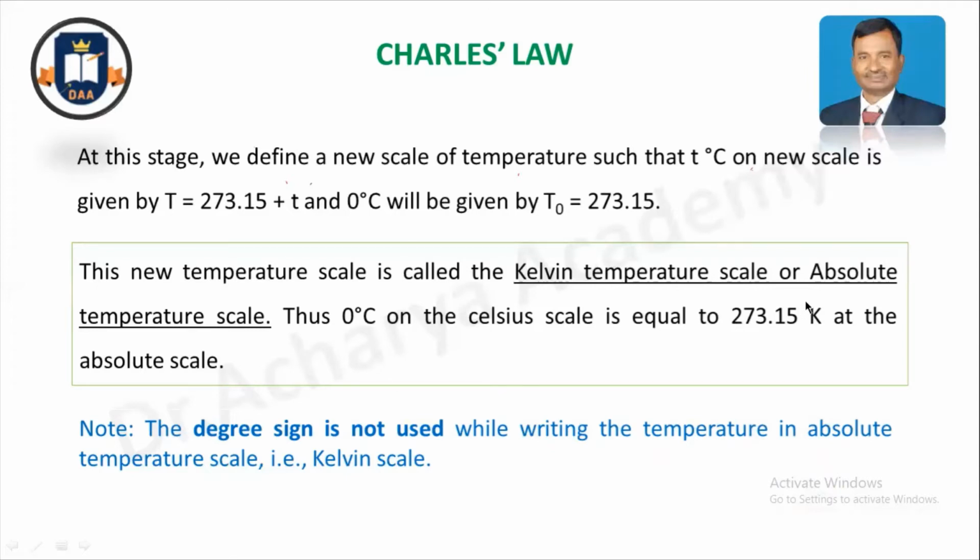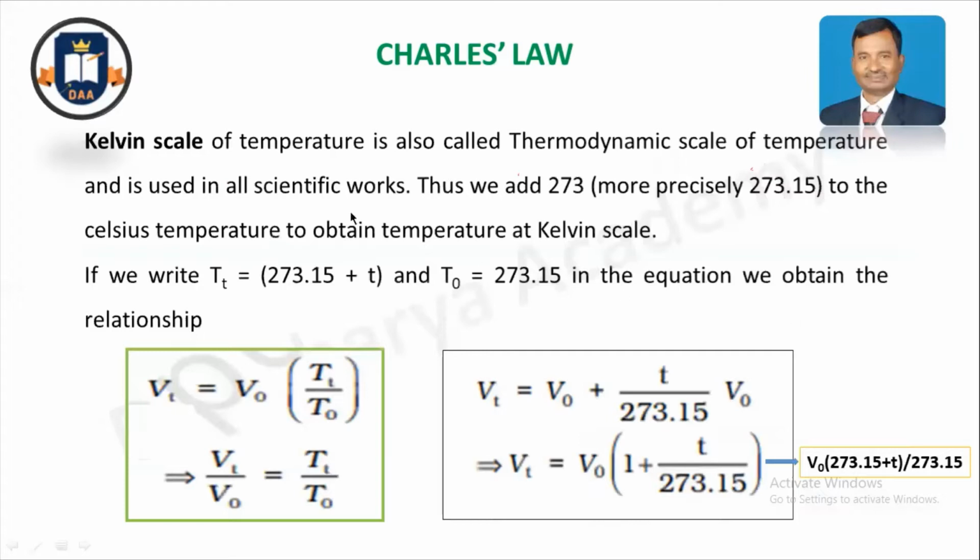For centigrade you write capital C with a superscript 0 before it, but for Kelvin, when you write the unit, there is no degree sign. The Kelvin scale of temperature is also called the thermodynamic scale of temperature, and it is used for all scientific work.